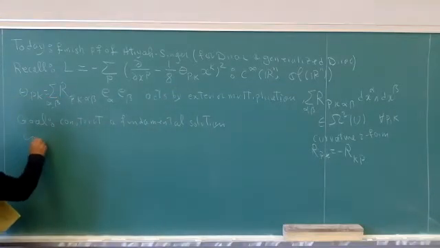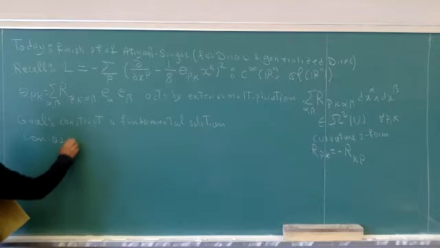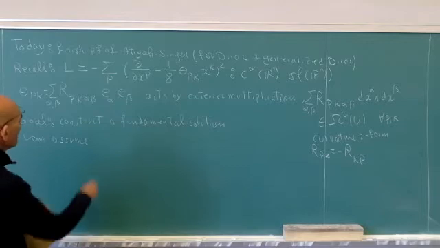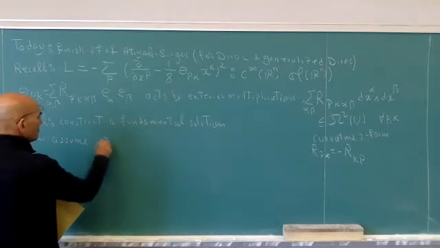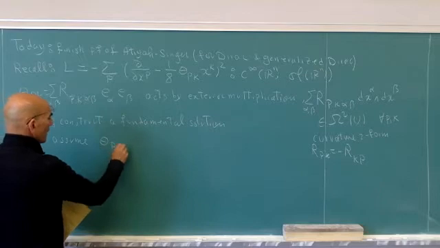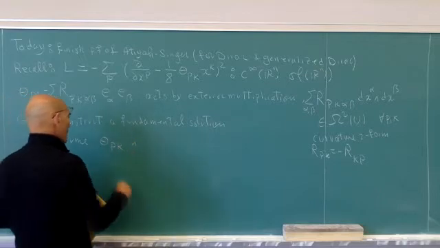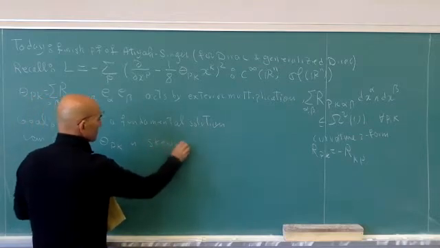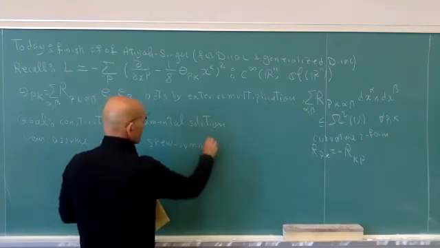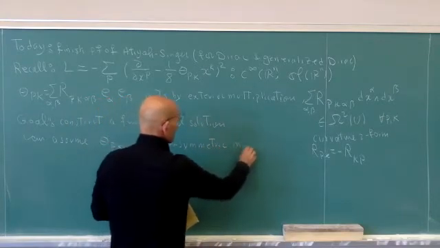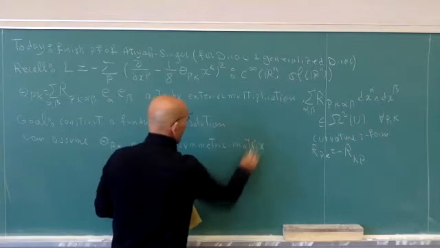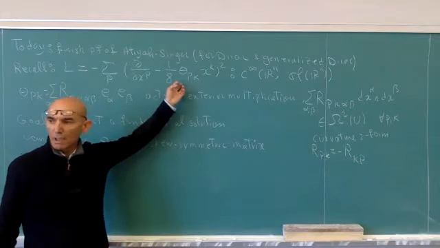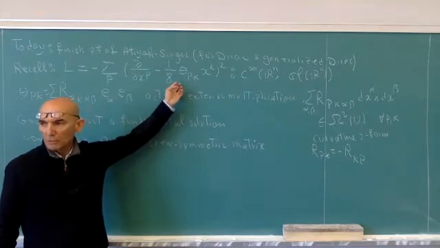We can assume, so let me write it like this, can assume theta_pk is an antisymmetric matrix. In that case, this becomes really just a vector valued differential operator.